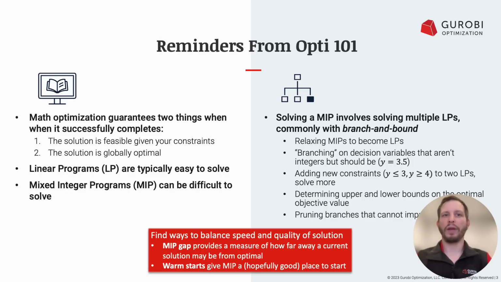We're going to talk about a couple of ways to help understand the speed and quality balance. One is MIP gap, which provides a measure of how far a current solution is potentially from optimal. And then we'll also talk about warm starts, which give a MIP hopefully a good place to start its solve.